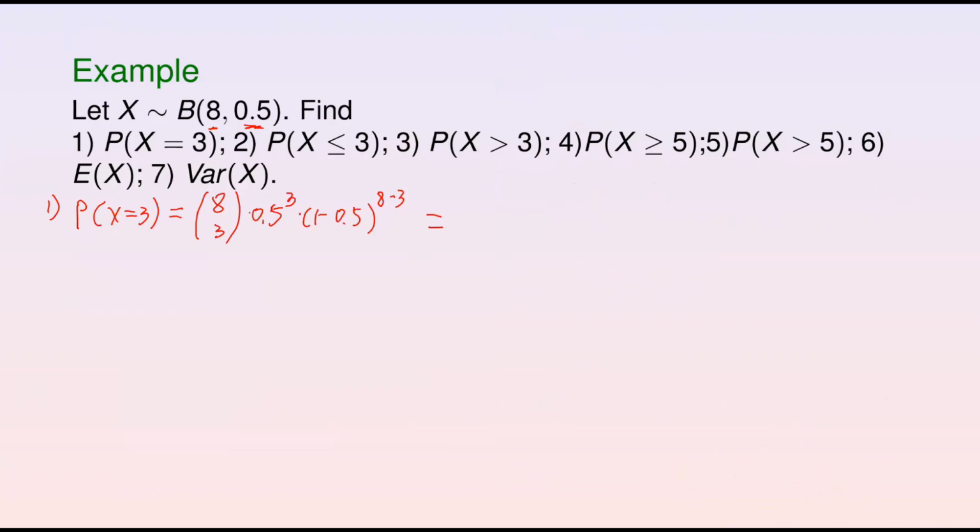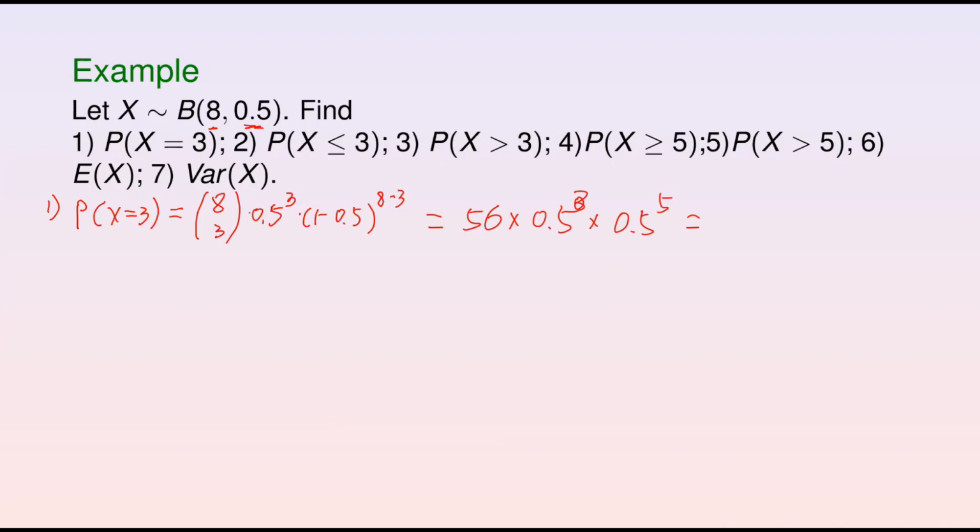So 8 choose 3 is 56. This is going to be 56 times 0.5 raised to the power 3 times 1 minus 0.5, which is again 0.5, raised to the power 5.